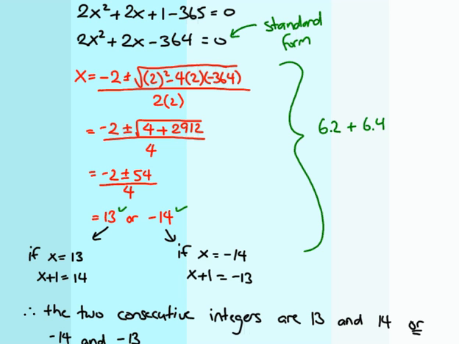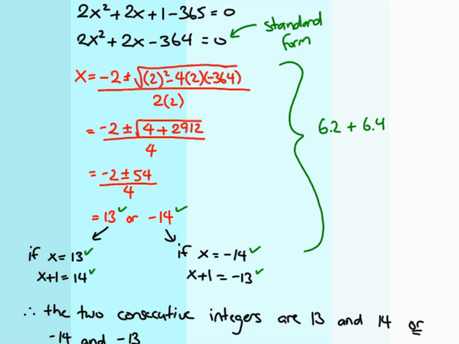Okay, the two cases are, if x is equal to 13, then the next consecutive number must have been 14. If the case was x was negative 14, then the next consecutive number that should have been one higher would be negative 13. That's a little bit confusing for people.